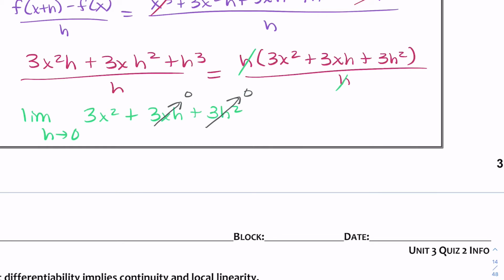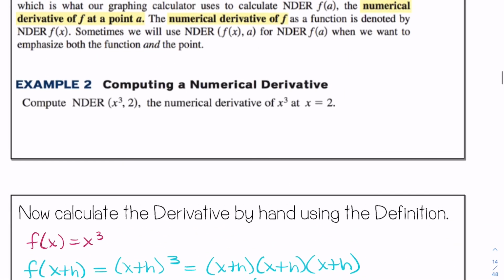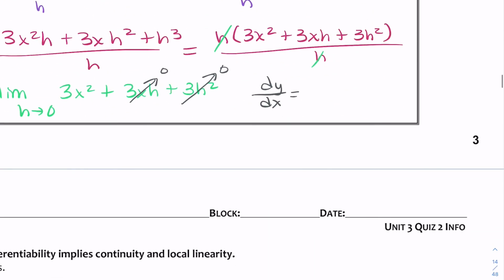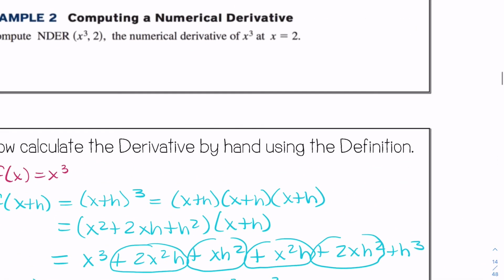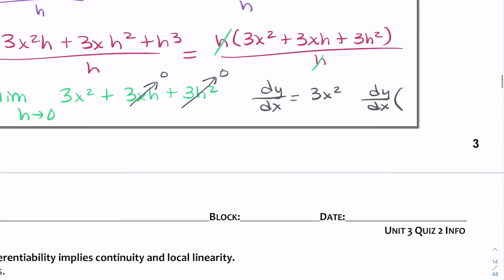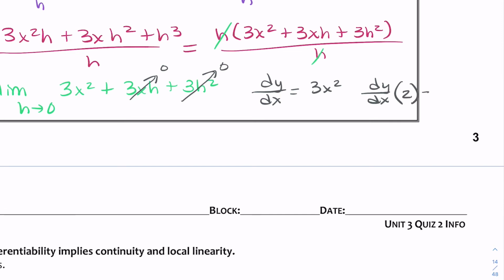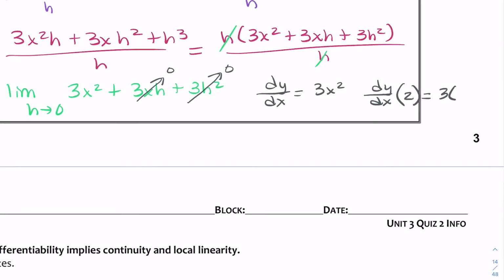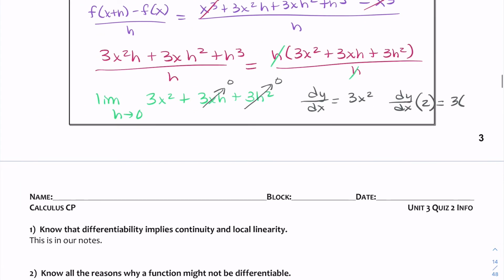So I now have that the derivative is 3x squared. So the derivative evaluated at, it wants me to evaluate it at 2. So evaluate at 2, I get 3 times. I'm running out of room here.